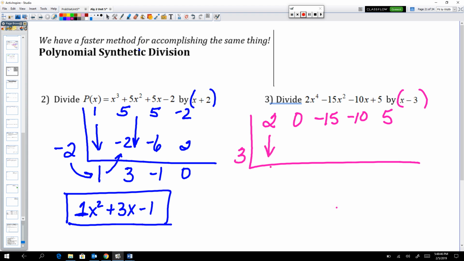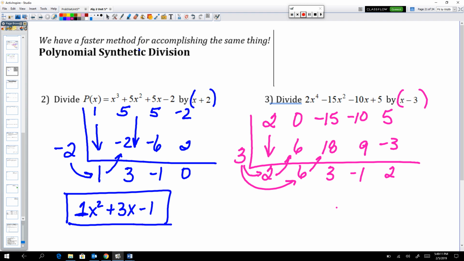We'll bring that 2 straight down, and we'll multiply up and add down. We'll multiply up and add down, multiply up and add down, multiply up and add down.